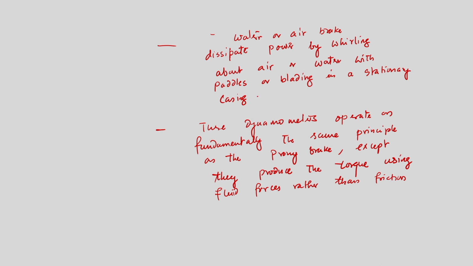The fundamental difference between these two dynamometers, that is water or air brake and the Prony brake, is that in the case of the Prony brake, the torque is produced by the frictional effect, but the water or air brake produces torque using the fluid force. So, this is the only fundamental difference.